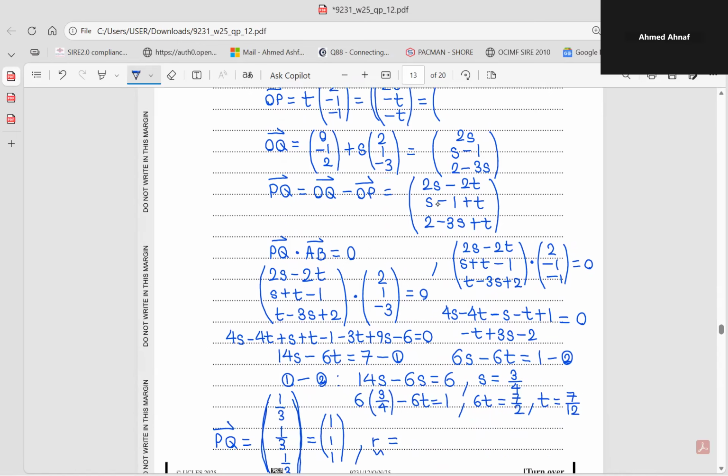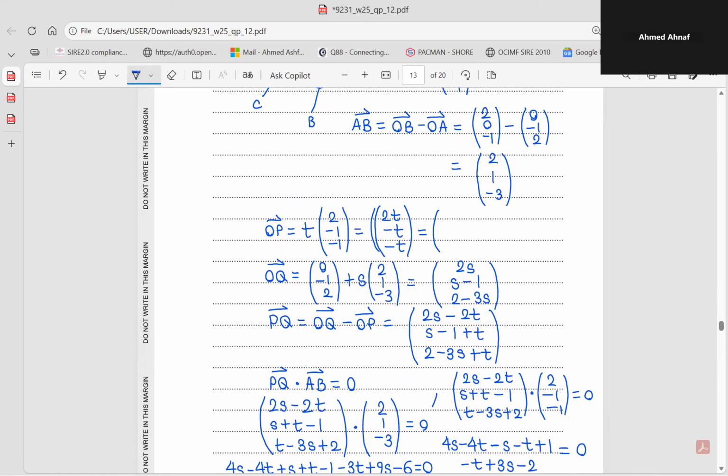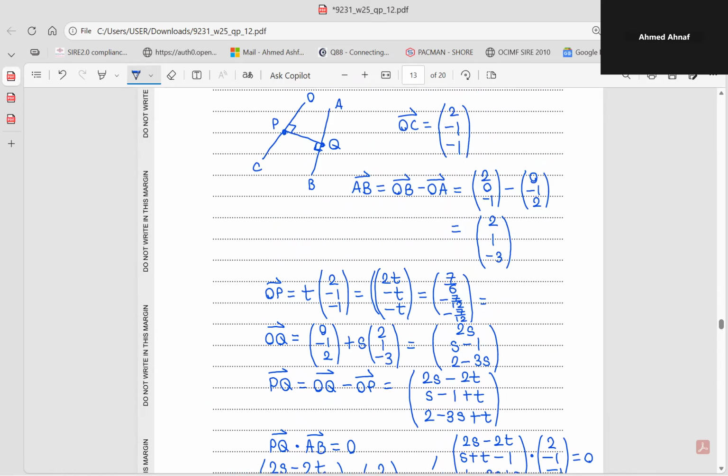Just so T is 7 over 12. So 7 over 12 times 2 is 7 over 6, minus T is 7 over 12, minus T is also 7 over 12. Yeah, so you can factor out 7 over 12.